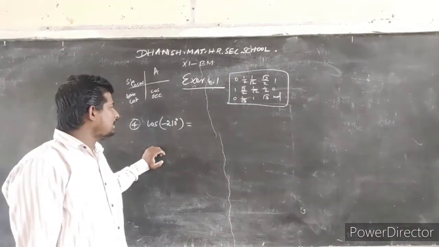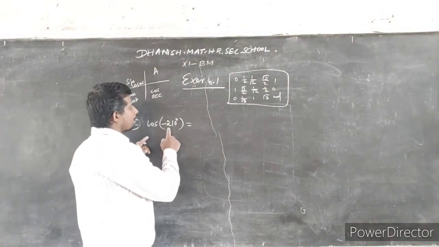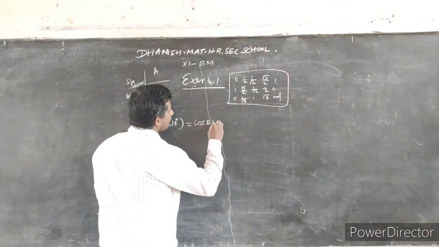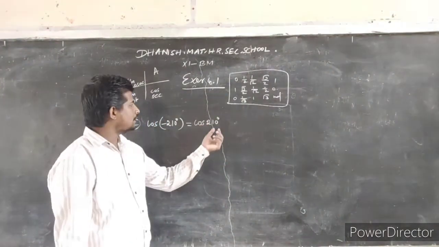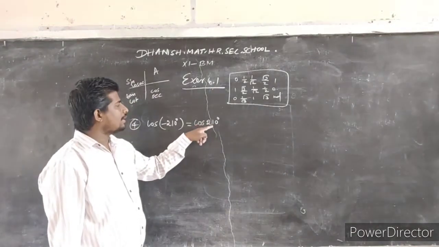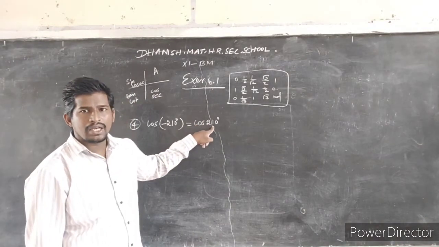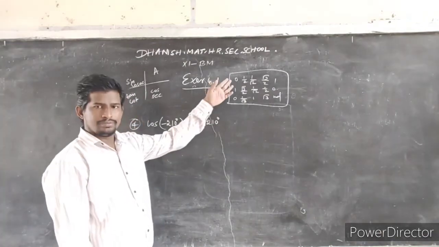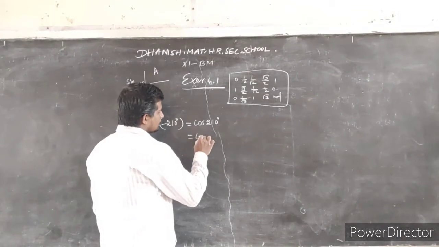By that result, we can write cos of minus 210 degree as cos 210 degree. Here we are having 210 degree. For this, we can write the value directly from the table. So I am going to rewrite.